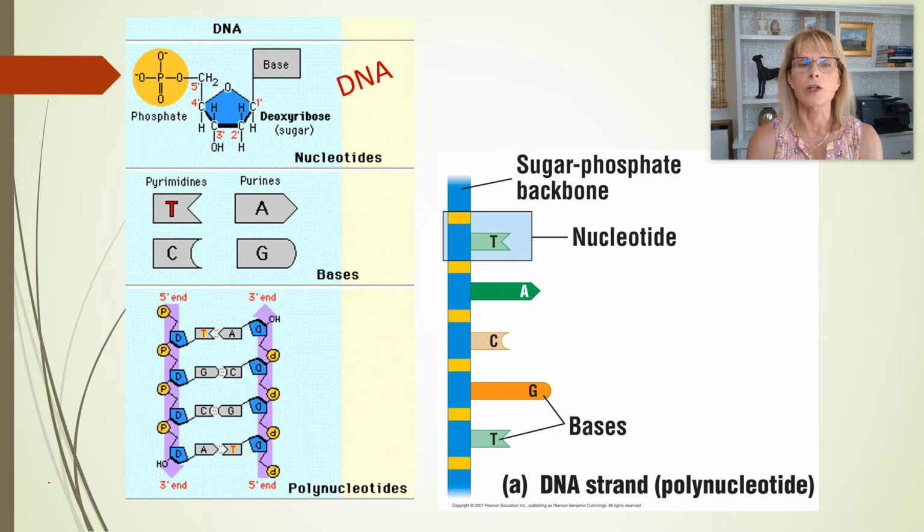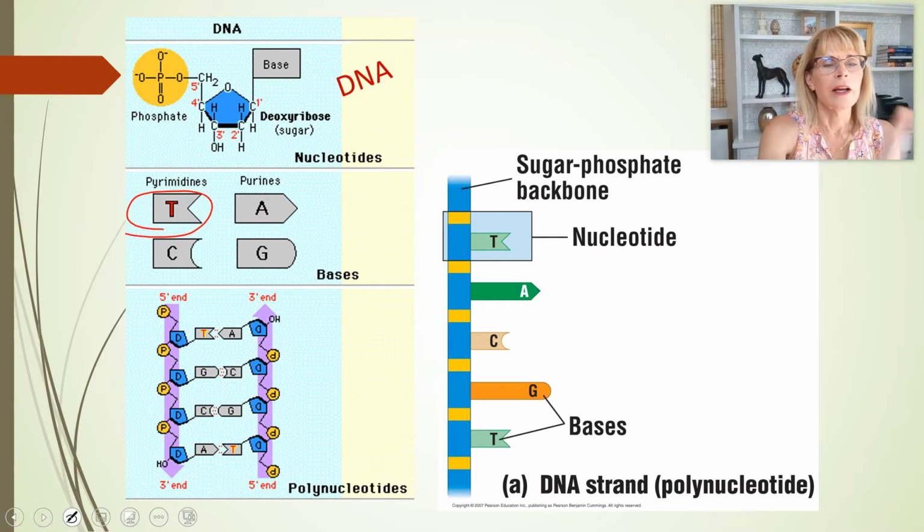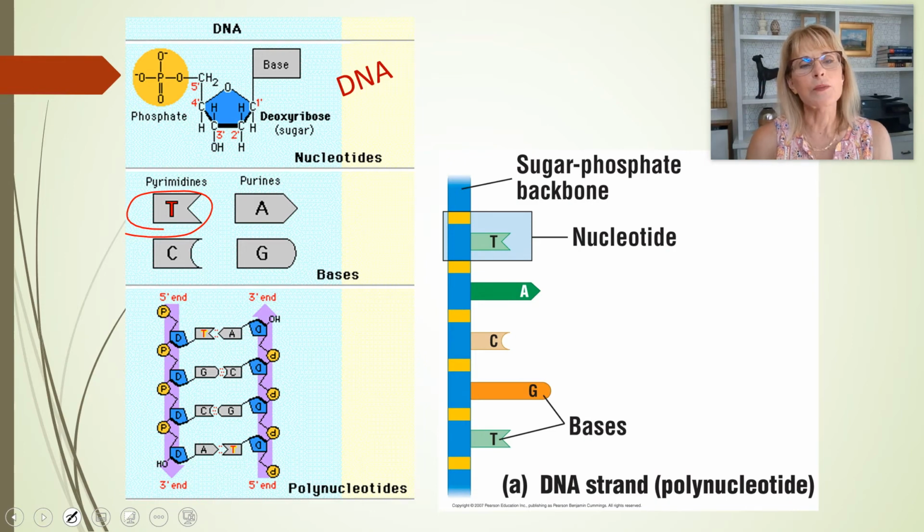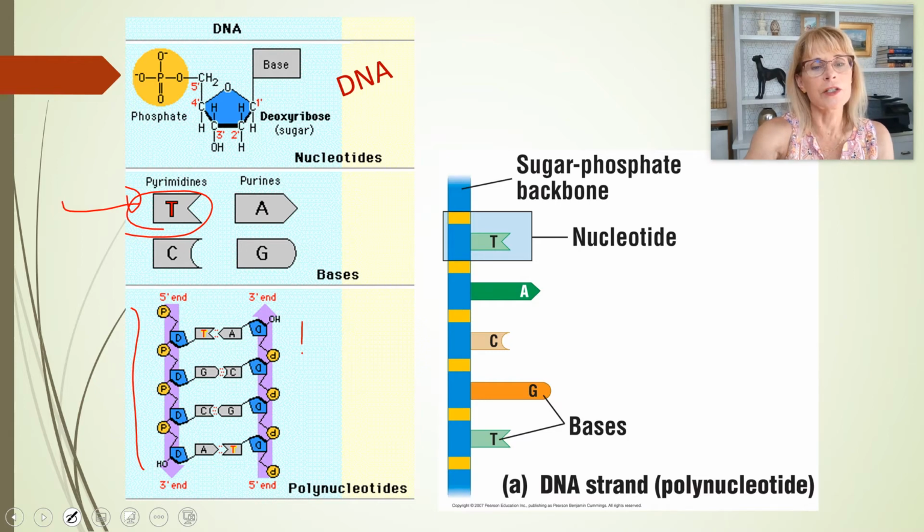Those 4 bases are G, A, T, and C. The reason that the letter T here is red is because the RNA nucleotides are the same except for the letter T, right? Remember that DNA is double-stranded and that the 2 strands are complements of each other.